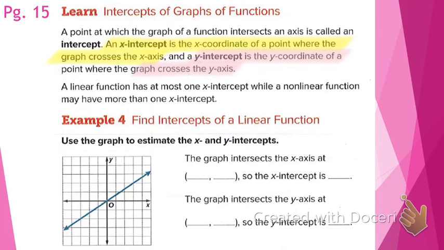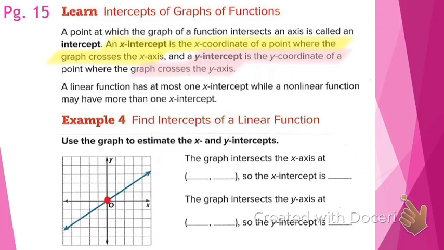And when you look at example 4, this is my only intercept right here. So it crosses here. And does anybody remember, what do you call this place? Begins with an O. Origin. The origin, right. And anytime it crosses at the origin, our x and y intercepts are going to be the same.